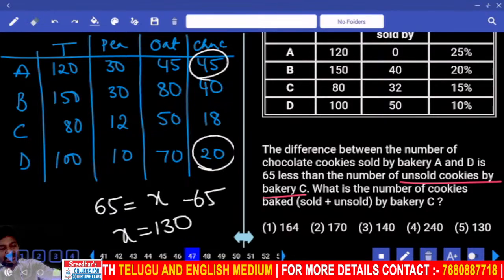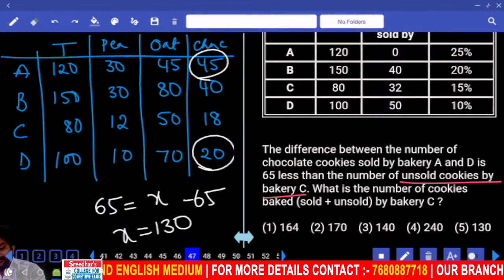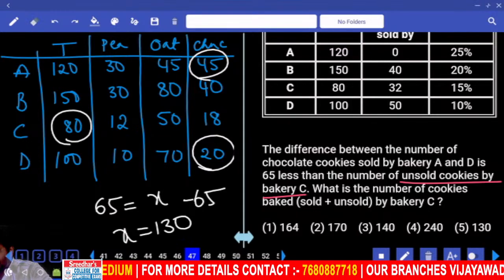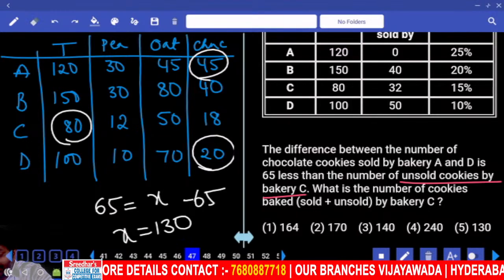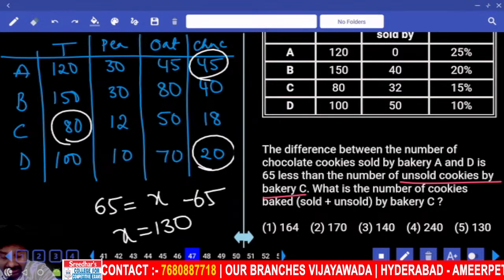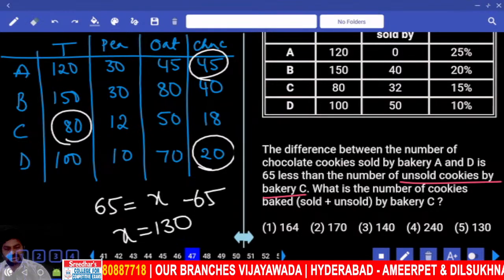What is the number of cookies baked by bakery C? Baked by bakery C. Total how many are sold by C? 80. And unsold are 130. Total 210 are prepared.